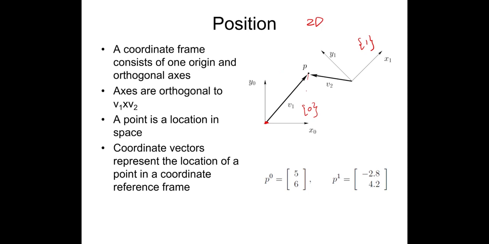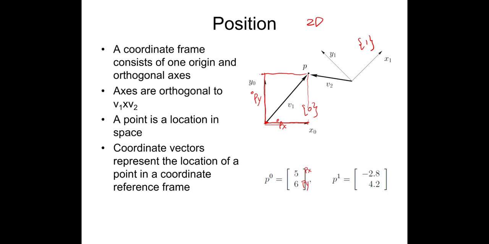So the position of this P in frame 0, we write as P0, with components Px and Py.